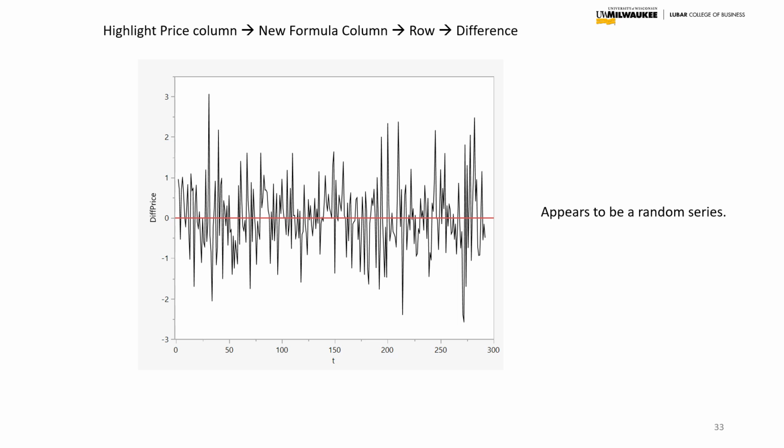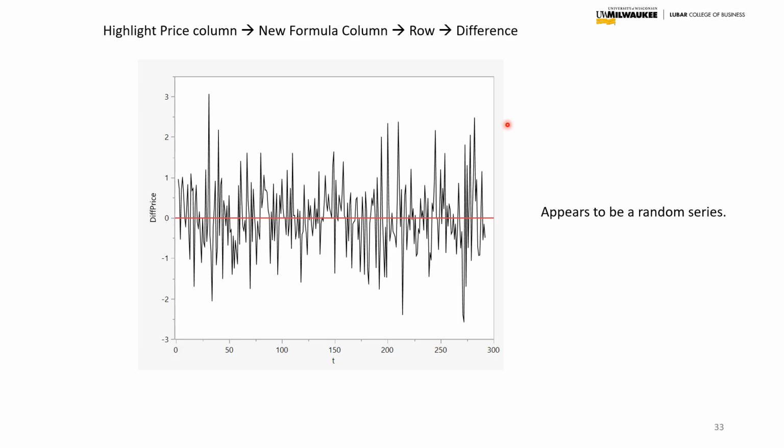In a previous lecture, I showed you how to take the differences between successive observations. In particular, for this application, what we'll want to do is highlight the price column, then go to new formula column, then row, then difference. And we see here a time series plot of the changes in weekly Honda closing prices.